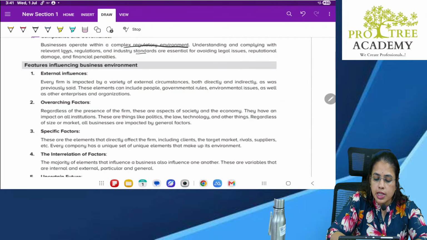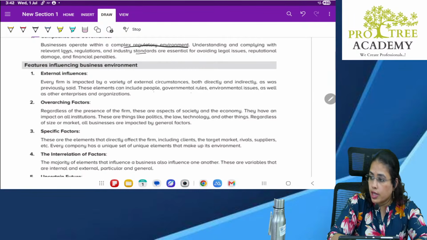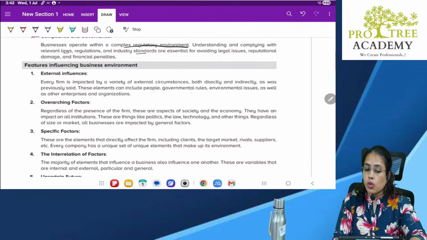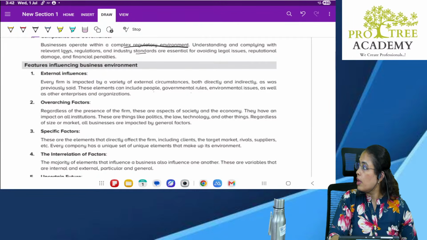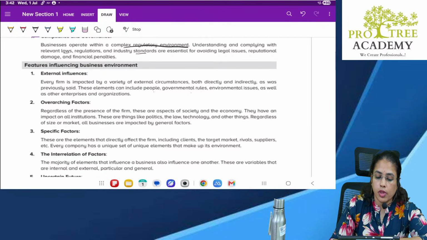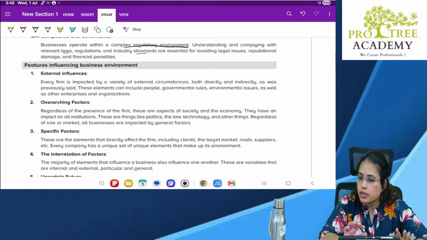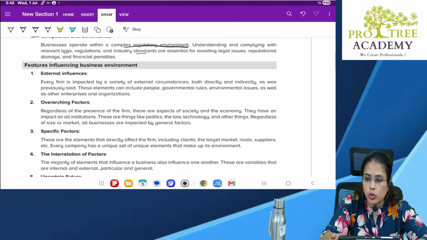As was previously said, the elements can include people, government rules, environmental issues, as well as other enterprises and organizations. So we'll finish with this external influence and then continue in the next class.